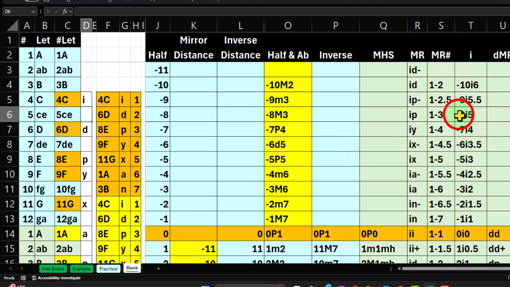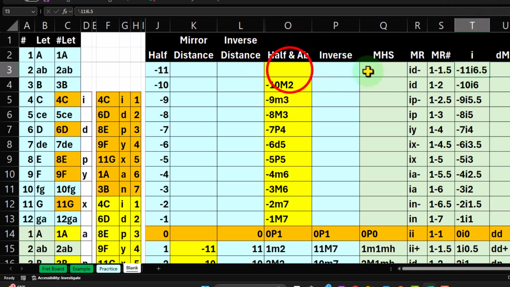And then number-wise, it's going to go from 1 to the 1.5, and then it's going to be negative 11 note distance from the I node, but I'm not going to put another negative 6.5 in the negative direction because that negative carries forward.